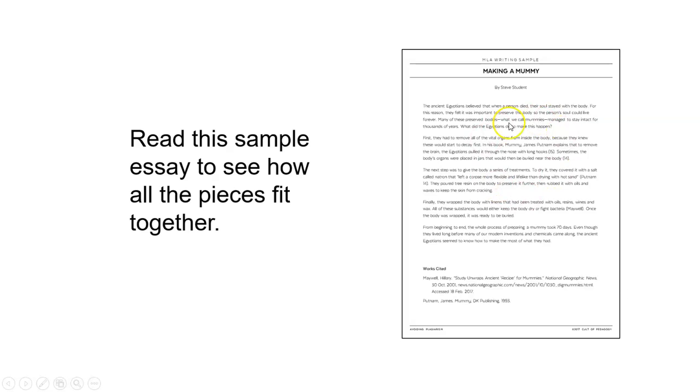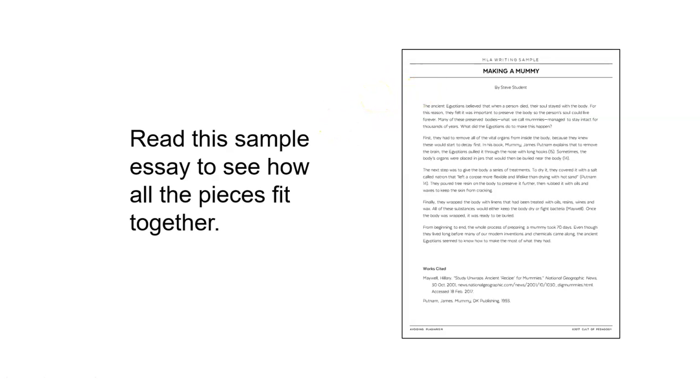As we read through this, and you have this article in your weekly folder, I want you to notice how the student uses in-text citations with lead-ins to the author name and page numbers where needed, and how they either summarize, paraphrase, or directly quote from their sources.